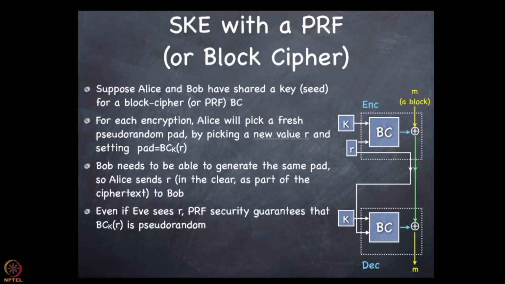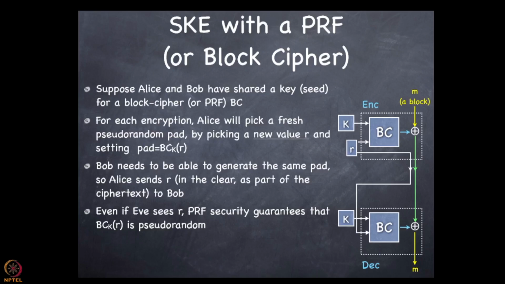I mean, this R is kind of in the clear, right? Is that a problem? Well, it's not a problem because what the PRF tells you, or what the block cipher, when you modeled it as a PRF, is that even if you see many input-output pairs to the block cipher, remember, when we defined the block cipher, an adversary gets oracle access to the function, which could either be the block cipher or a truly uniform random function, right?